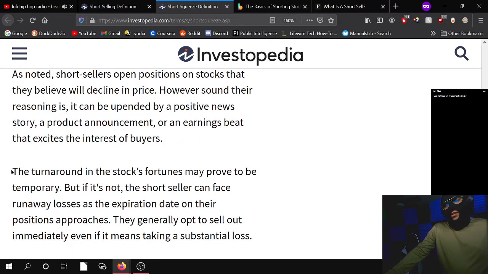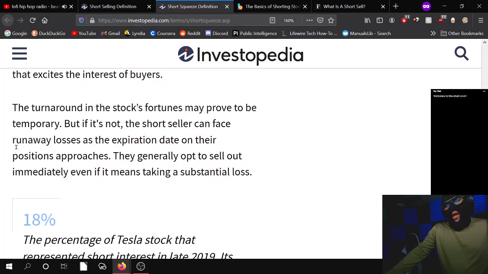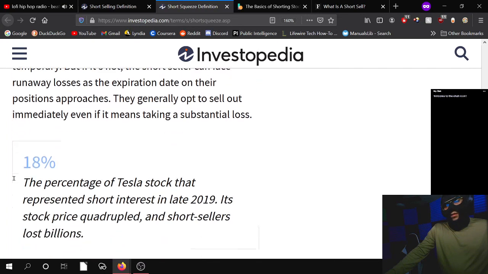The turnaround in the stock's fortunes may prove to be temporary, but if it's not, the short seller can face runaway losses as the expiration date on their positions approaches. They generally opt to sell out immediately, even if it means taking a substantial loss.